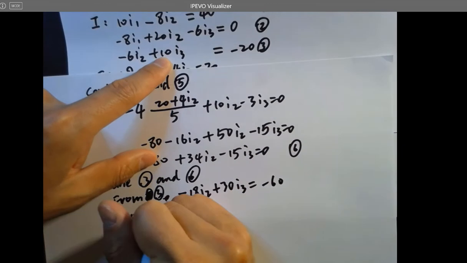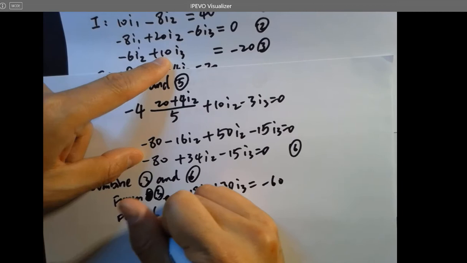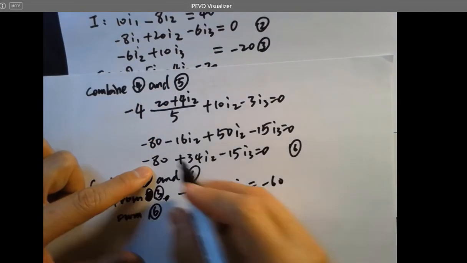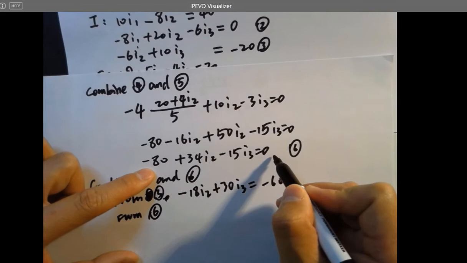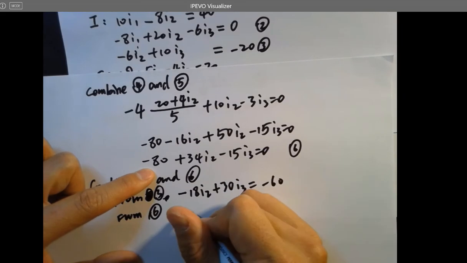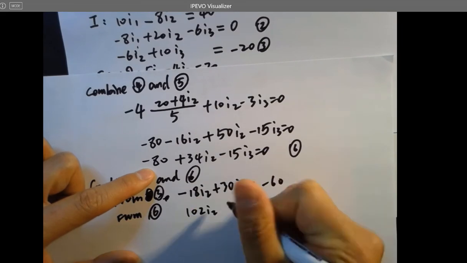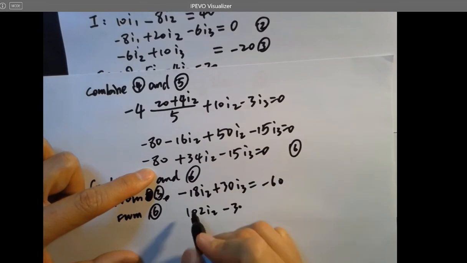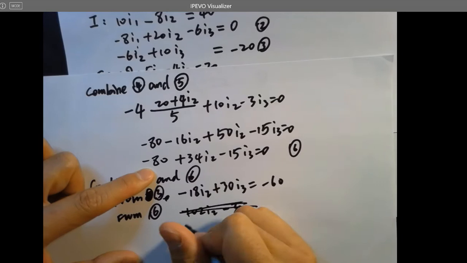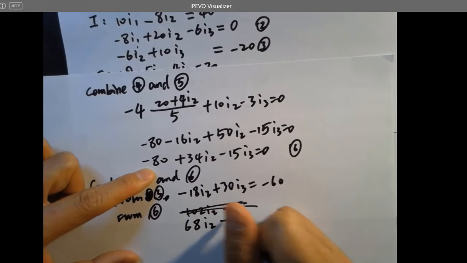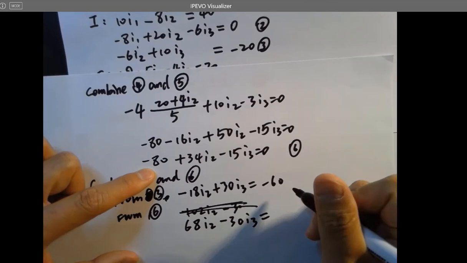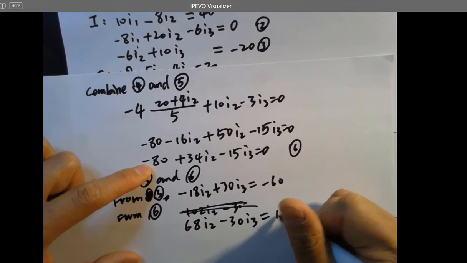And from 6, let's move 80 to the right. So 80 is 102I2 minus 30, no, times 2 here, sorry. So it's going to be 68I2 minus 30I3 equals, times 2, right? So it's going to be 160.